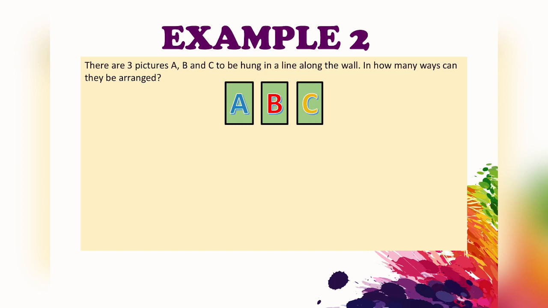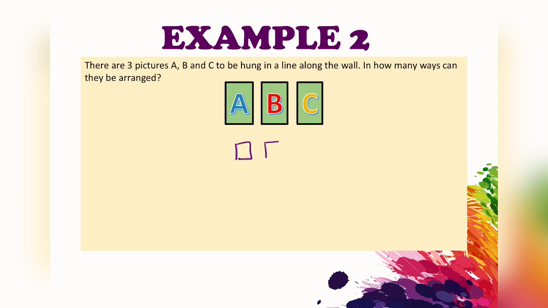Here I'm going to show you another way of writing the answer. We are going to use boxes. It is actually the same as the previous method, only that we put the number in a box.